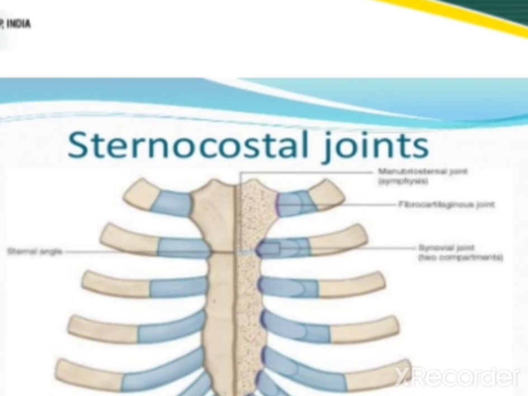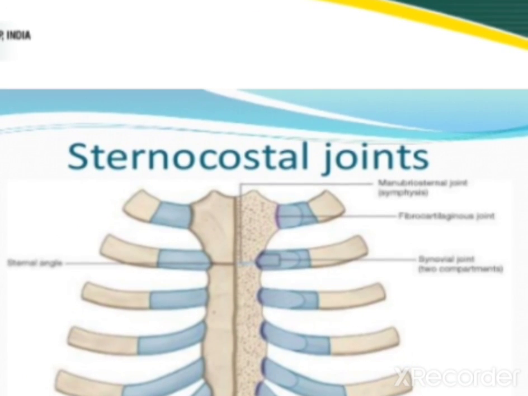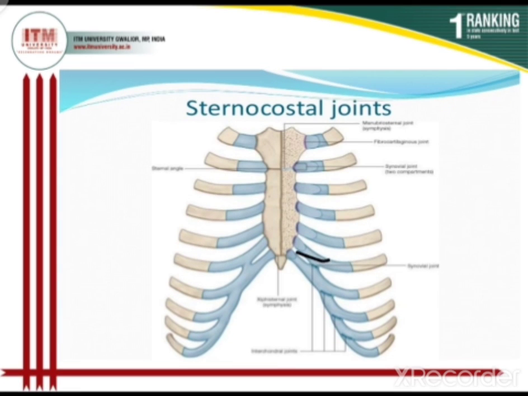These blue colored structures are the costal cartilages, through which the ribs are attached to the sternum.